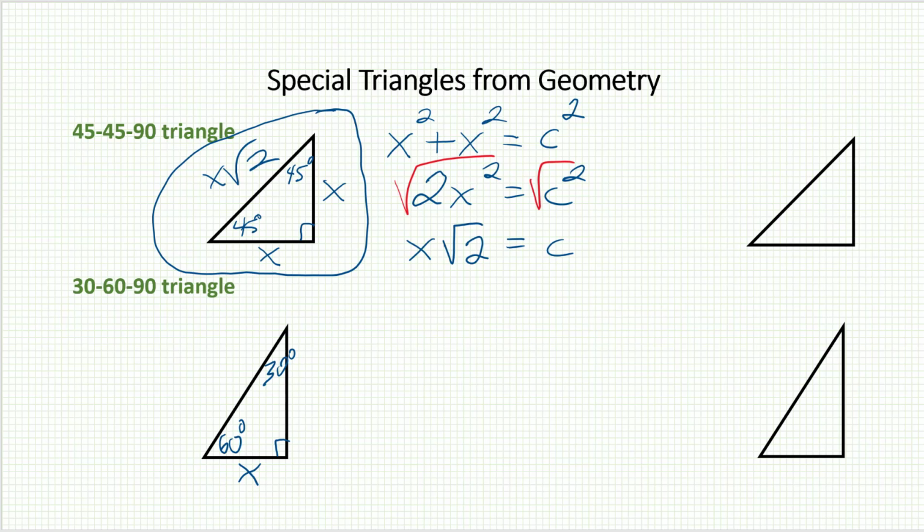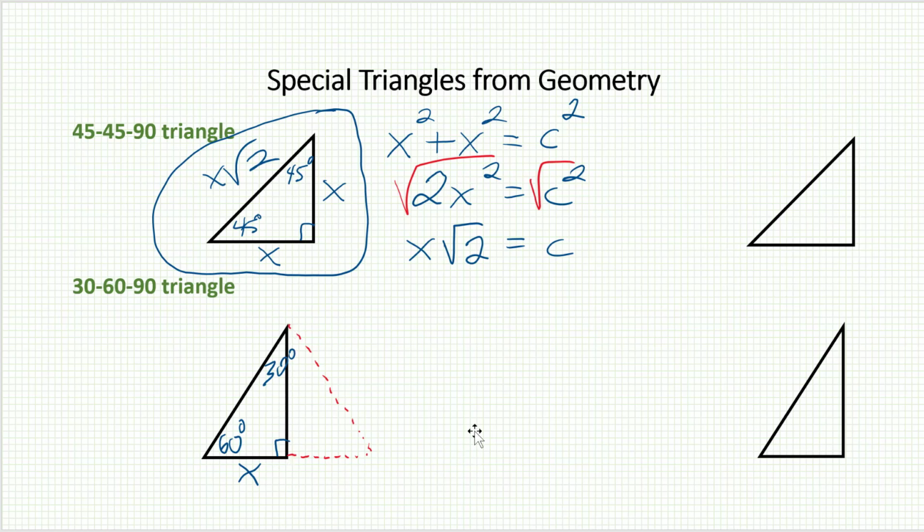That is because this 30-60-90 triangle, one way to think of how it was created was that it's simply half of an equilateral triangle. An equilateral triangle means all the sides are the same length and all of the angles measure 60 degrees. Well, it's not too difficult to see that this line here cuts in half that bottom segment.